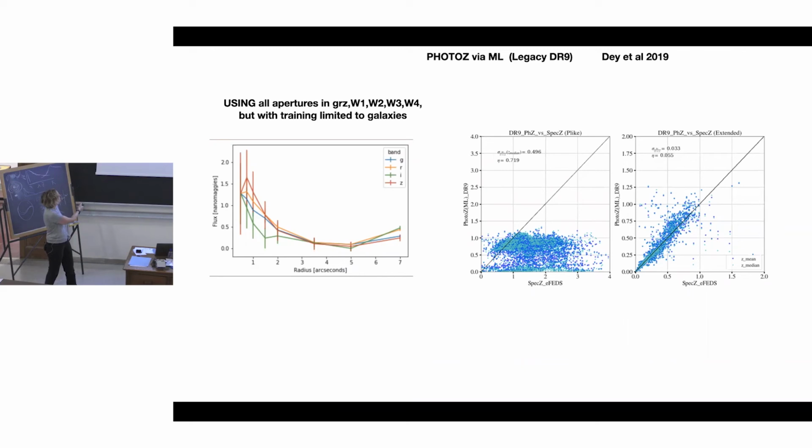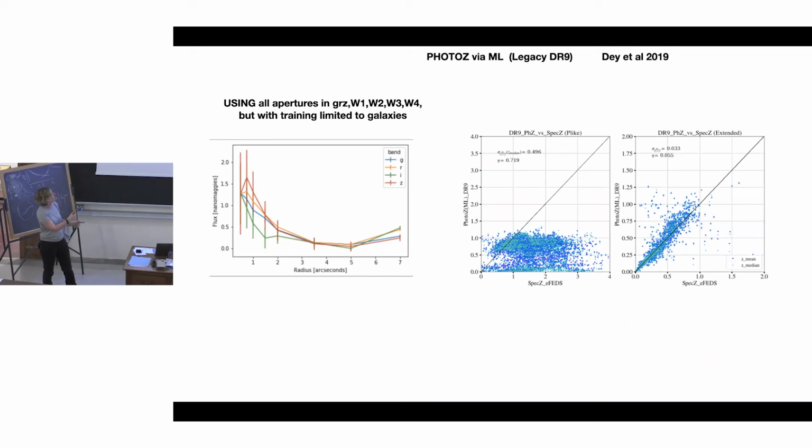These will be the photometry in the G band, R band, I band, Z band, the ones that I was showing before. But instead of having one number per filter, that will just provide you the spectral energy distribution in this wavelength regime.